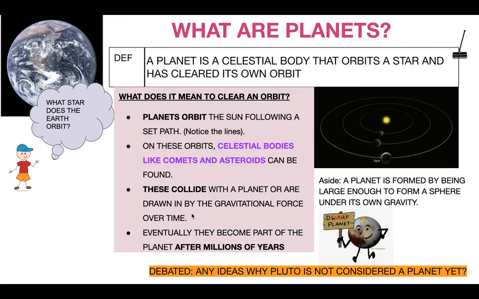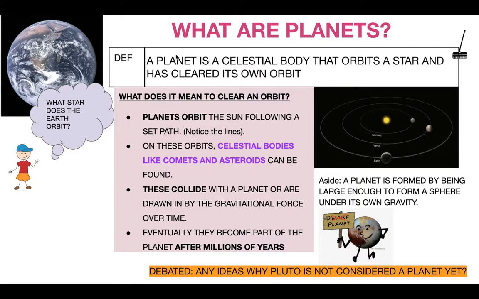So how has it cleared its orbit? Well, all of those objects in its way have been pulled in due to the gravitational force into the planet, forming the planet itself. The Earth was formed over long periods of time from collisions of different objects, that created eventually a greater mass, which created greater gravitational pull, which created a planet.